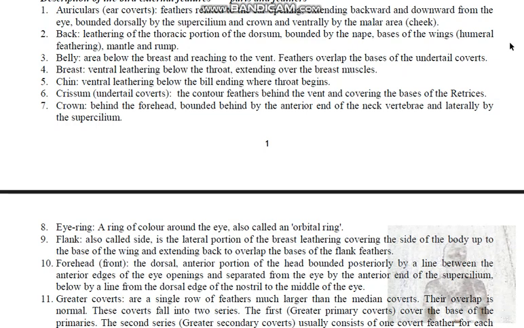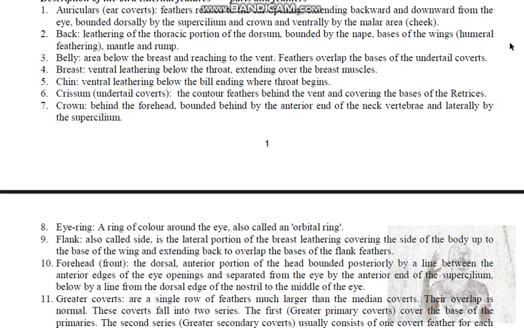And then the belly is below the breast and reaching the vent. Anything just below the breast to the vent, that region in between the breast and the vent, is the belly. I hope the ear covert is well understood.